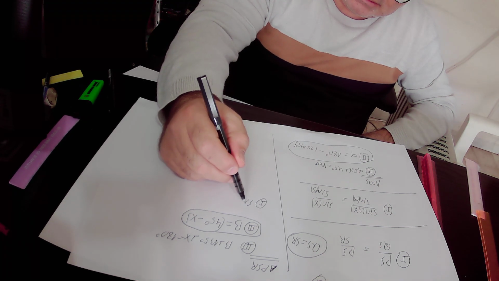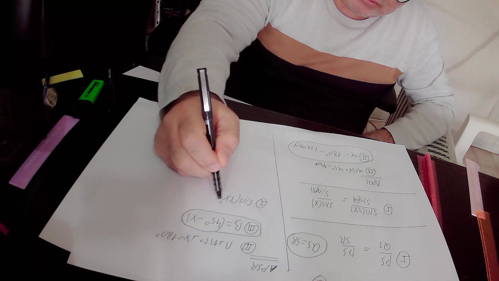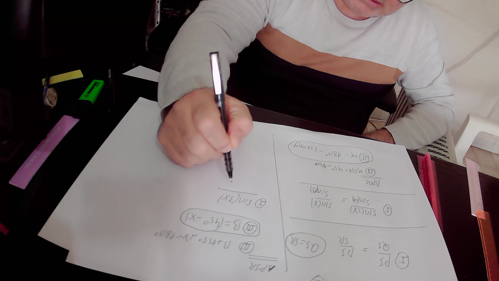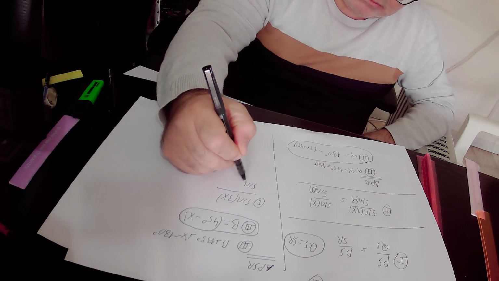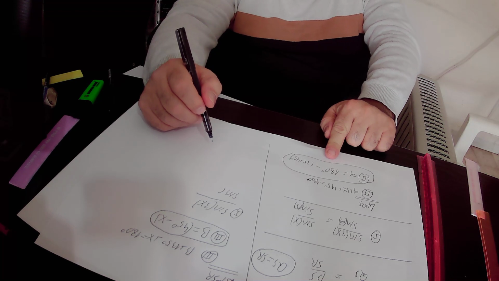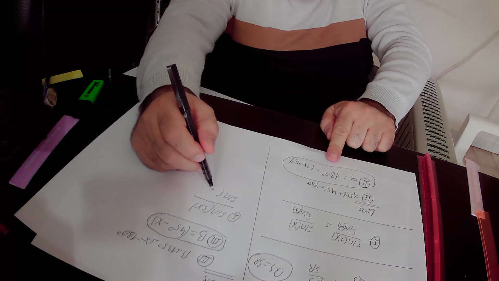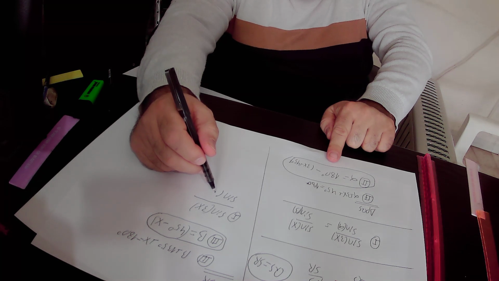So we get here that sine 3x according to equation number 1 over sine alpha, and we found out that alpha equals 180 degrees minus 3x plus 45 degrees according to equation number 2. So we write it down.